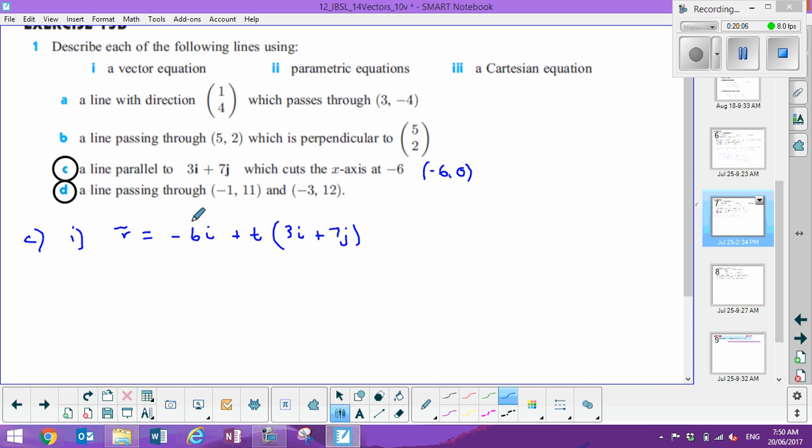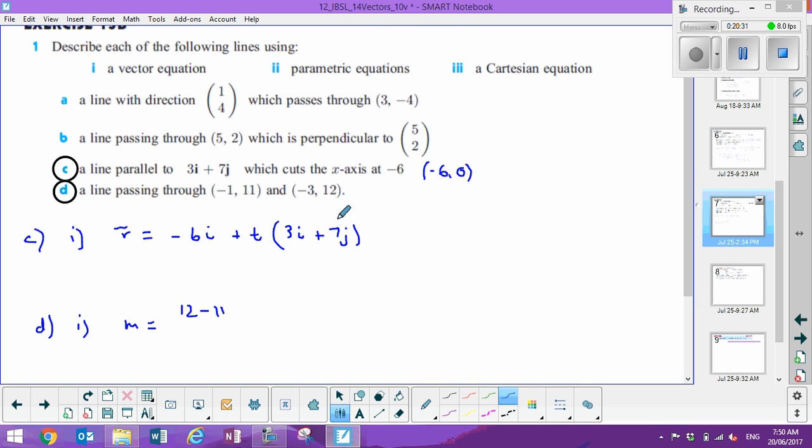The parametric, we can break it down into the parts and then pull that all out to make a Cartesian. A line passing through these 2 points, the first part you're going to need to do here is to find the gradient between them. So your gradient, remember, is your y2 minus y1. So we'll go 12 minus 11.